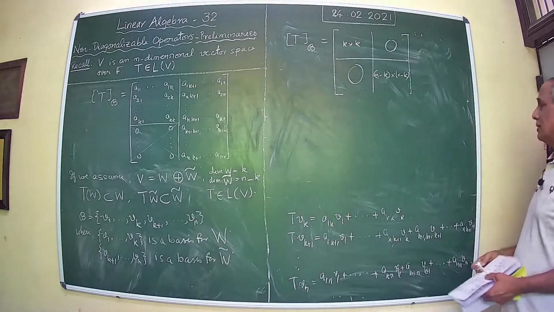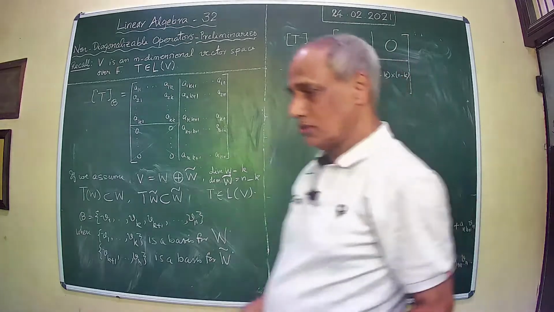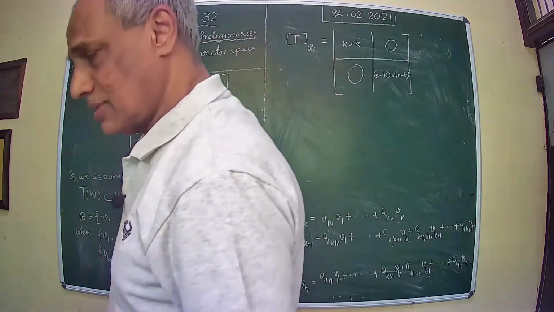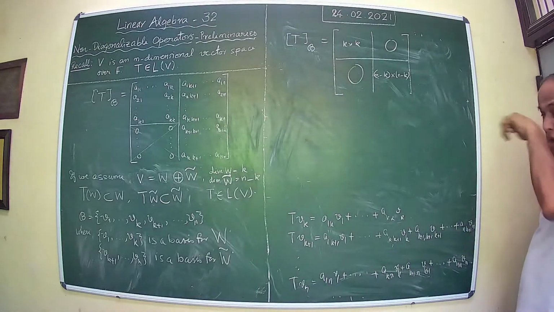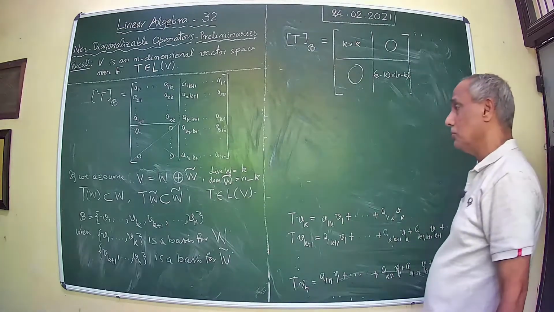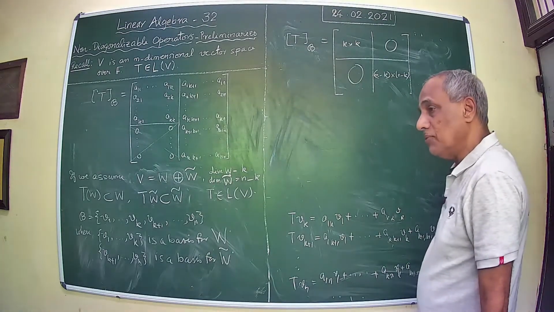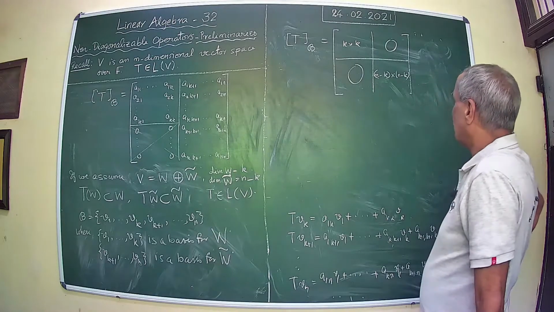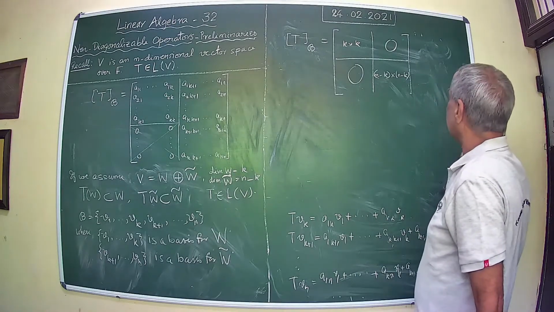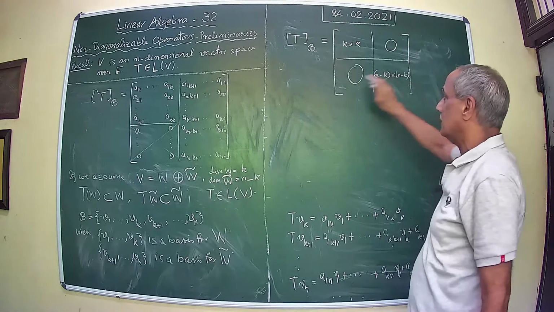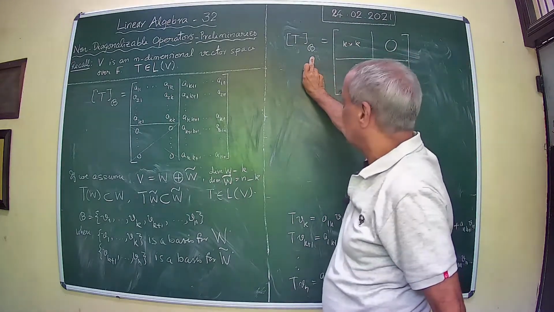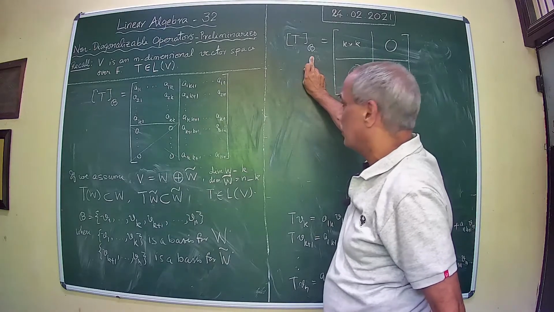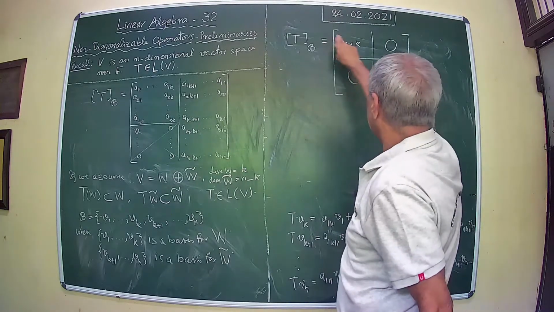So our task is this: if you can resolve V into the sum of invariant subspaces, then we can get the representation of T with respect to a suitably introduced ordered basis in this form.